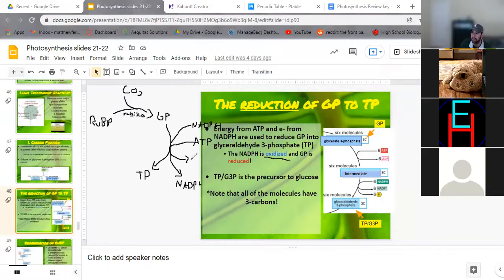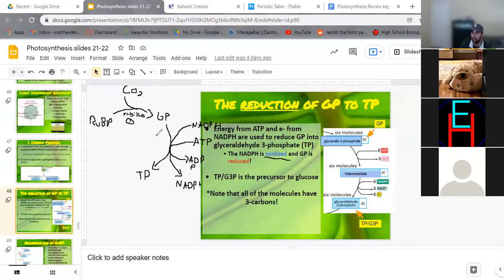And when ATP gets used, it gets dephosphorylated into adenosine diphosphate and a single phosphate. Congratulations, that was reduction. Carbon fixation was step 1, reduction is step 2.